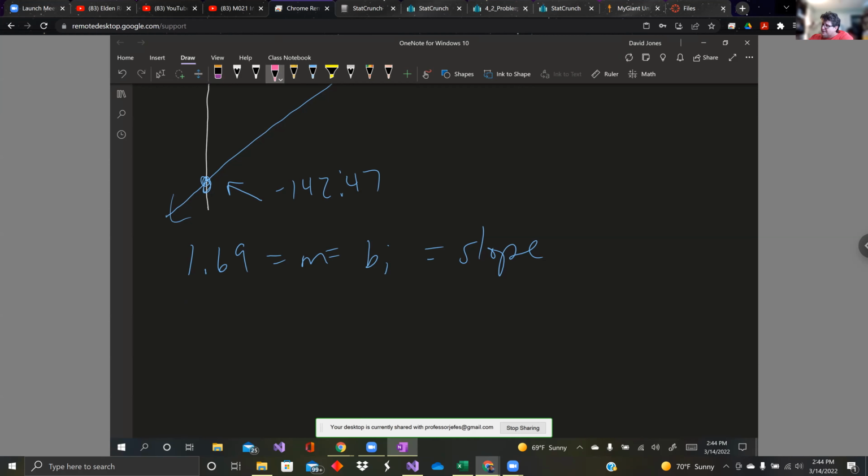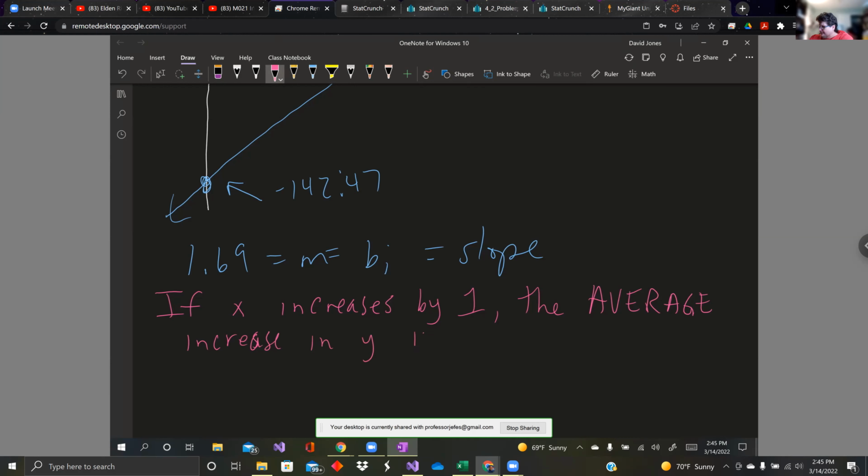So the interpretation is if X increases by 1, that average increase in Y is the M or B1.